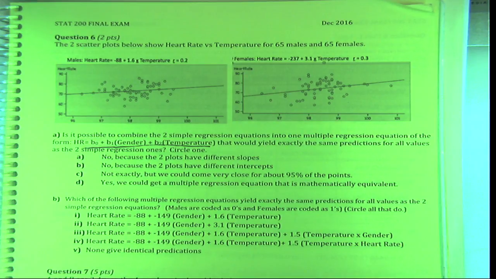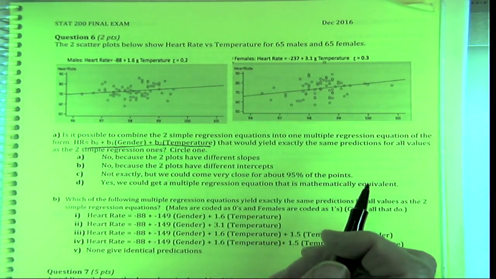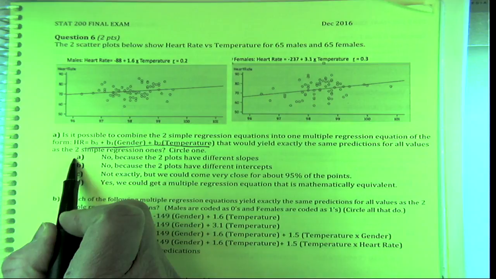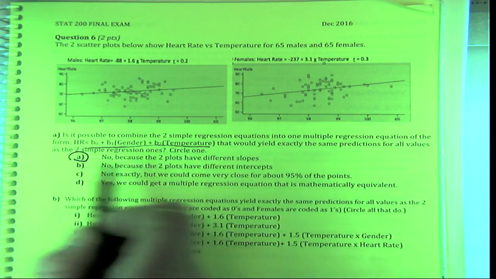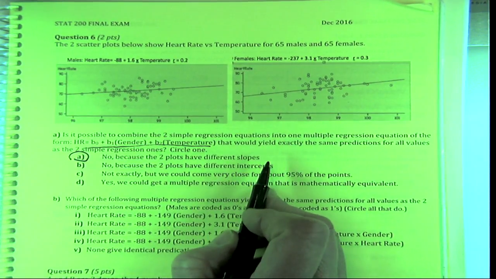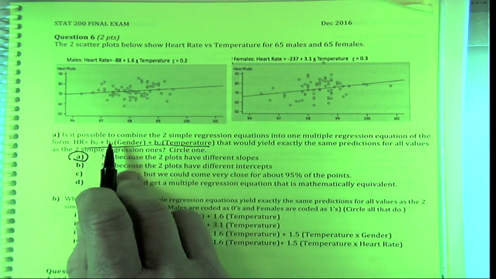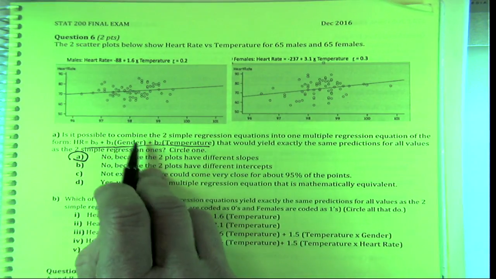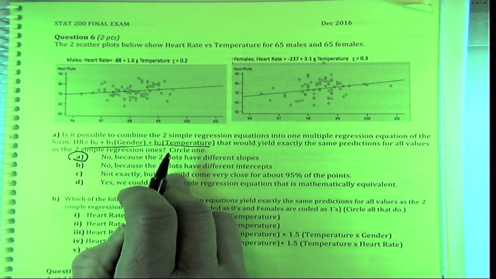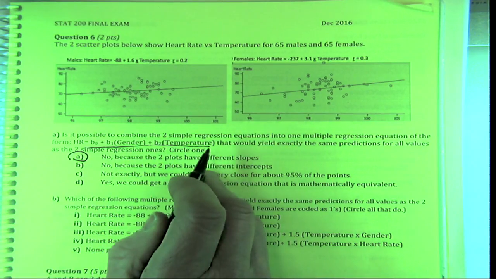Okay, so what do you think the answer is here? It's no, because the two plots have different slopes. You need an interaction term. Different intercepts don't matter because the gender variable will take care of the different intercepts. But we need an interaction term.